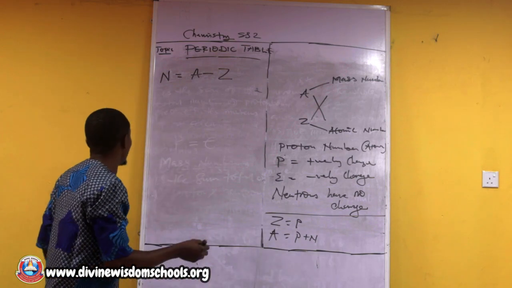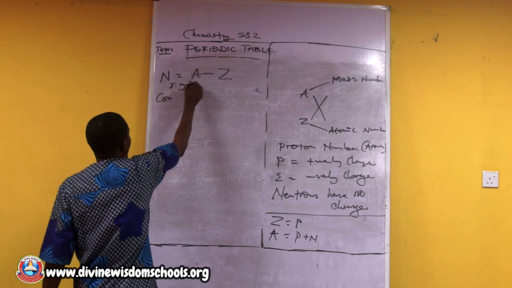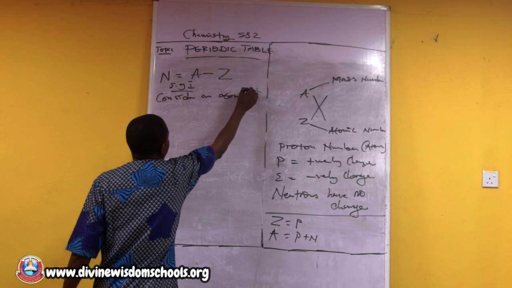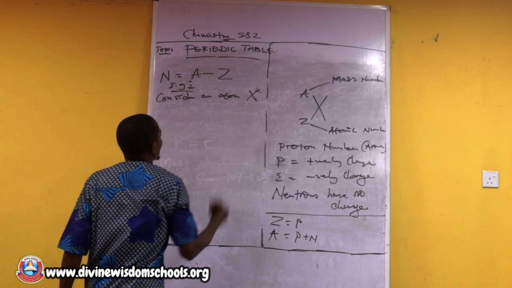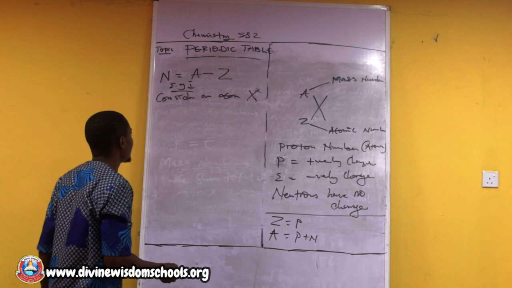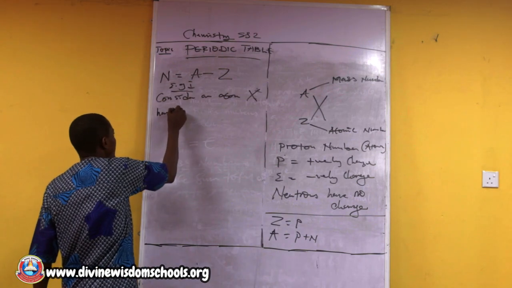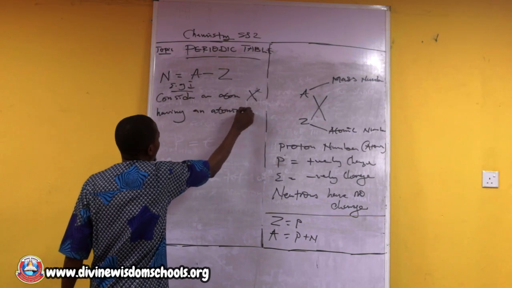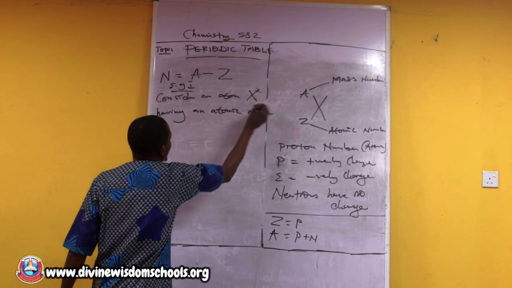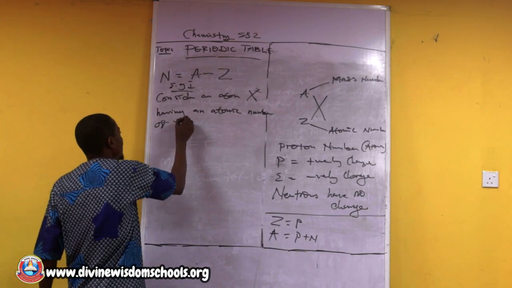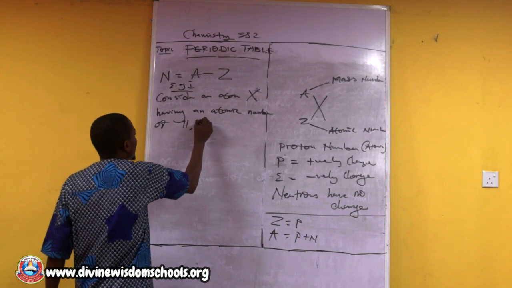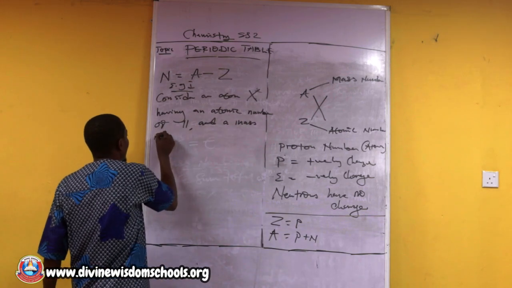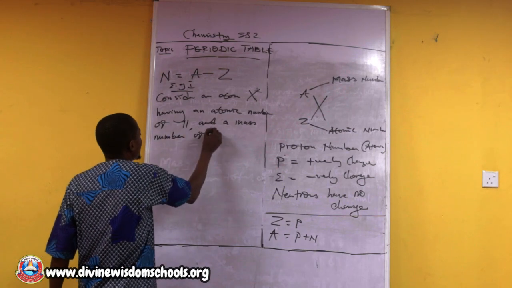All right, take this example. Example 1. Consider an atom X, we could use X, Y, or Q as the case may be, having an atomic number of 11 and a mass number of 23.